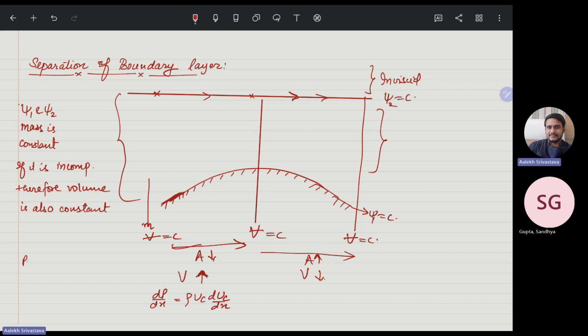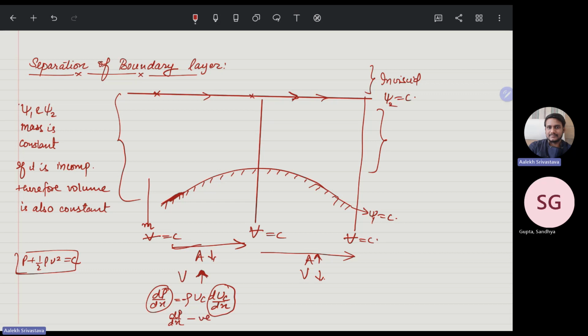From the Bernoulli equation, p plus half rho U square is equal to constant. If you differentiate it with respect to x, you will get this term. Since velocity is increasing with x, dUc by dx is positive, and therefore dp by dx is negative.